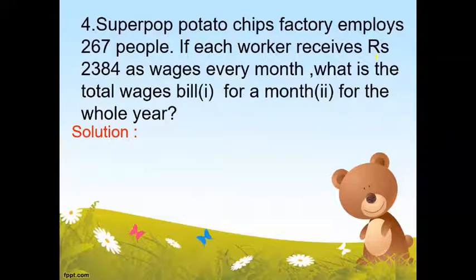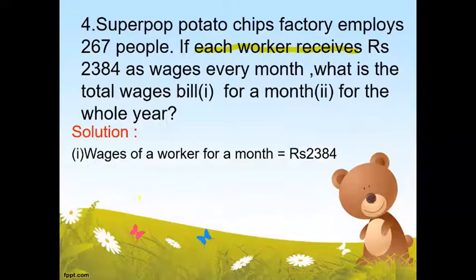So you must know again here that we know about each worker. It is given to us that each worker receives rupees 2,384 per month, and there are 267 people. So if we know about one and we want to calculate about more, we have to do the multiplication here.